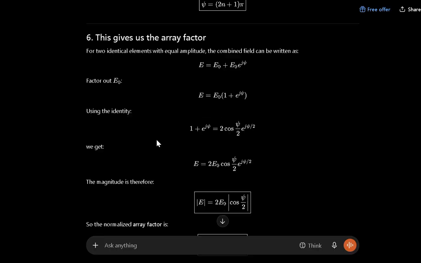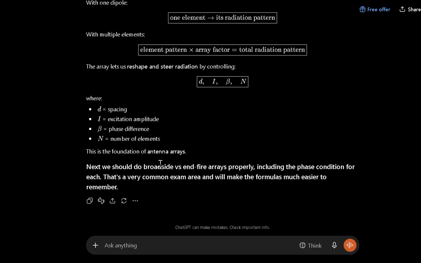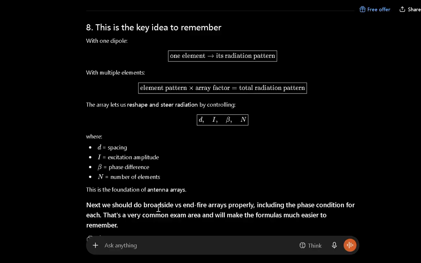Use array factor. Why this? Let's set two antennas and the path difference.